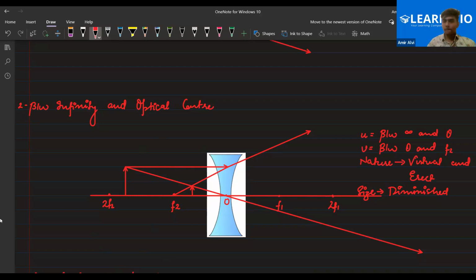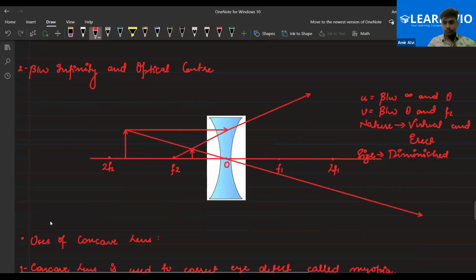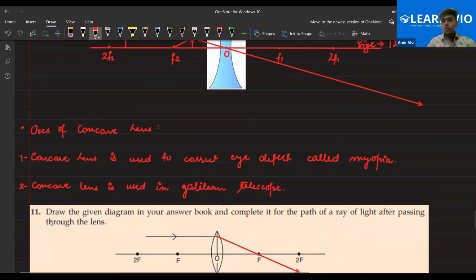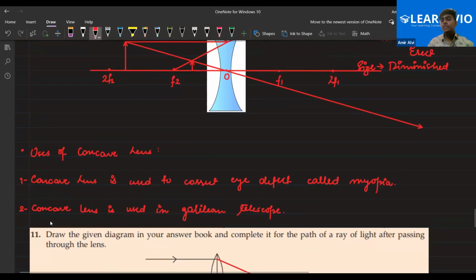No, sir. Okay. Now let's understand the use case of the concave lens. Concave lens is used to correct the defect of vision called myopia. Most of the students and most of the children have myopia, right? Myopia means the distant vision is not clear, right, everyone?